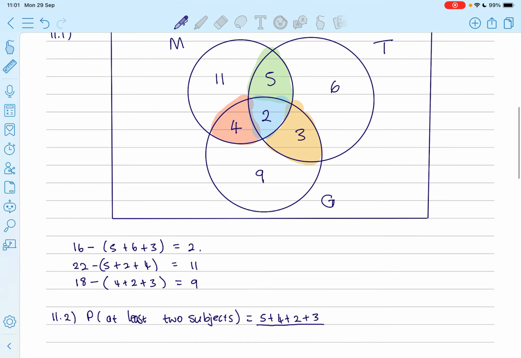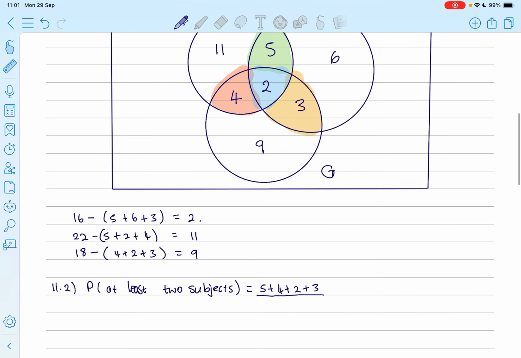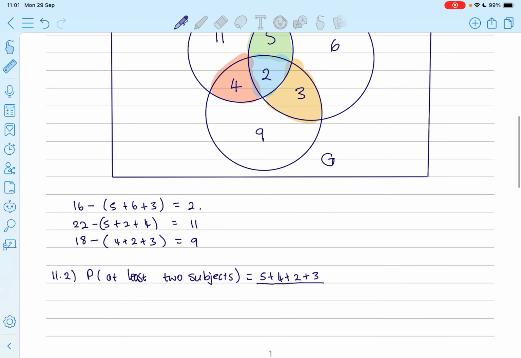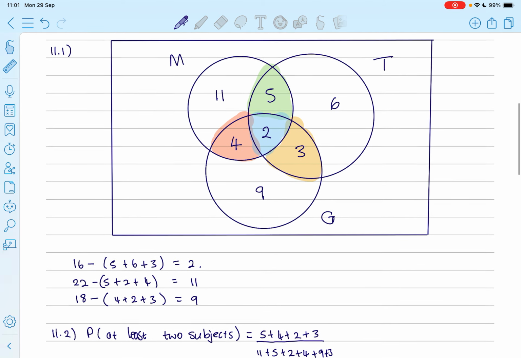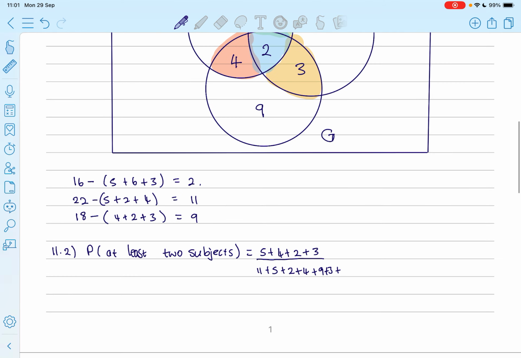So that will be 11 plus 5 plus 2 plus 4 plus 9. Haven't added the 3. And then I think the only number that's left is the 6 for tourism.